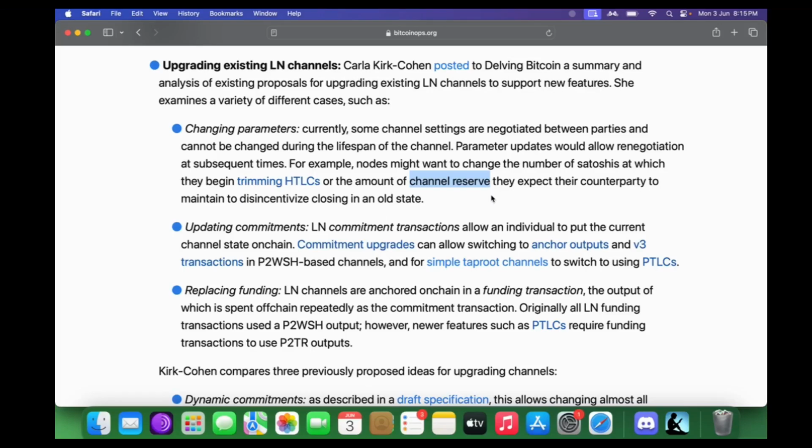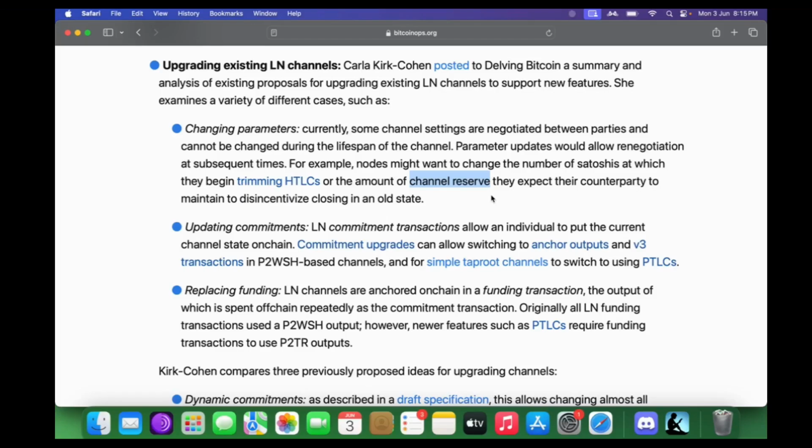So both Alice and Bob have to agree by the Lightning protocol to maintain some channel reserve on their side of the channel, which is like the minimum skin in the game amount, so that at any point both of them are disincentivized to cheat. That is channel reserve. Right, perfect.